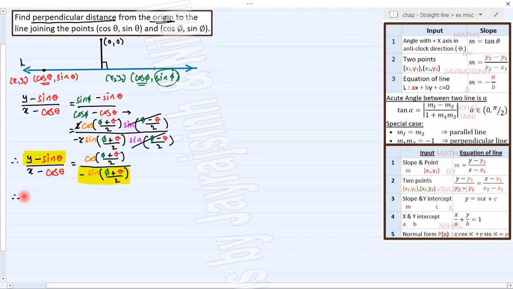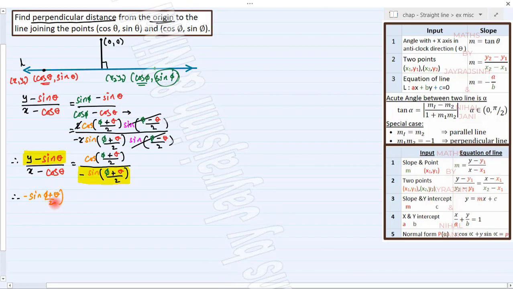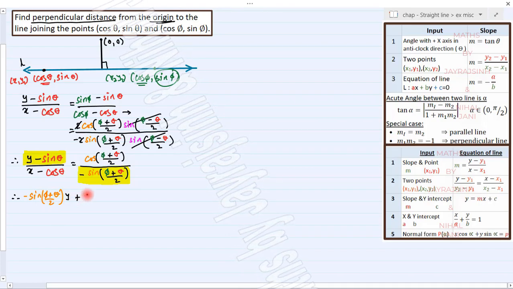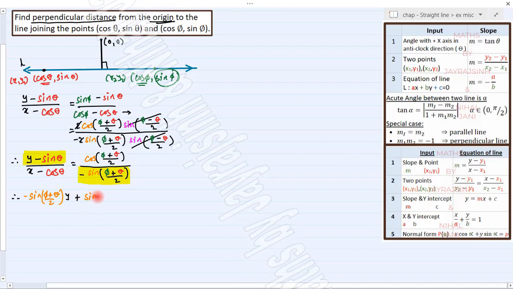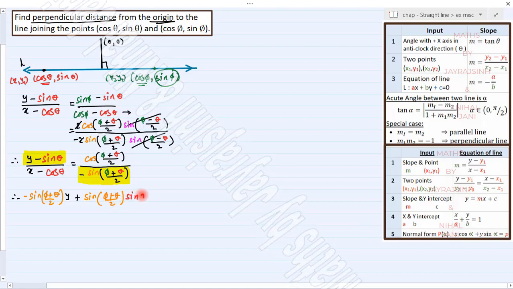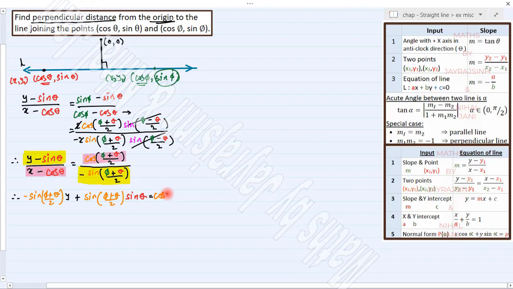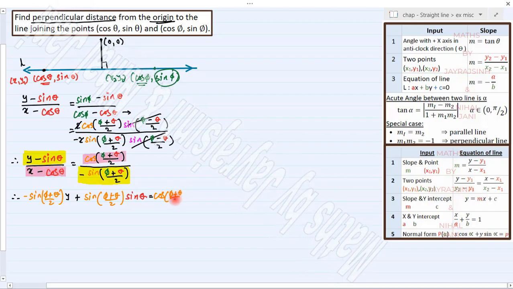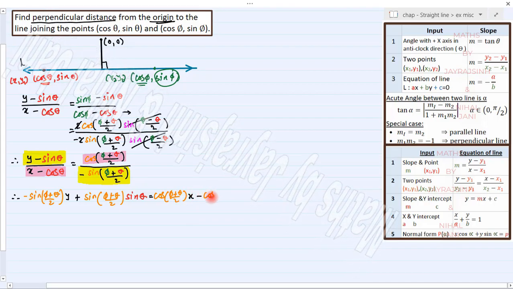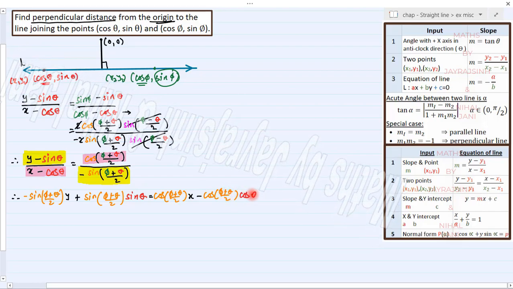So we'll get −sin((π+θ)/2) into y, and minus minus becomes plus sin((π+θ)/2) into sin θ, equal to cross multiply cos((π+θ)/2) into x minus cos((π+θ)/2) cos θ.